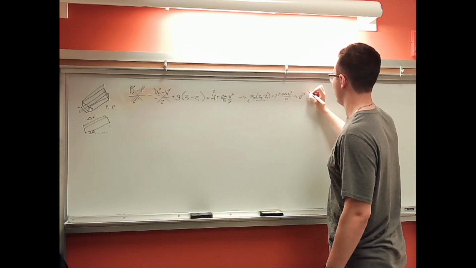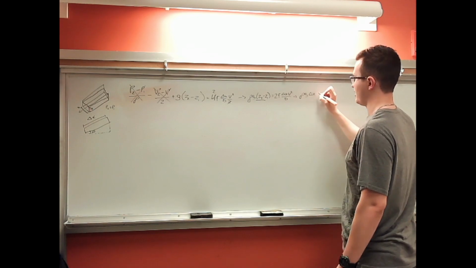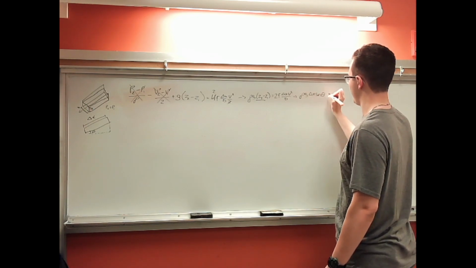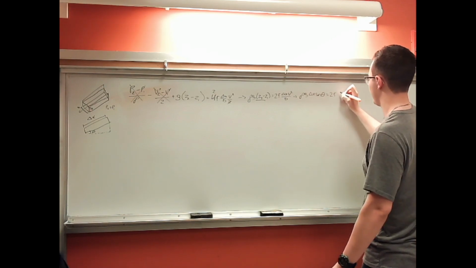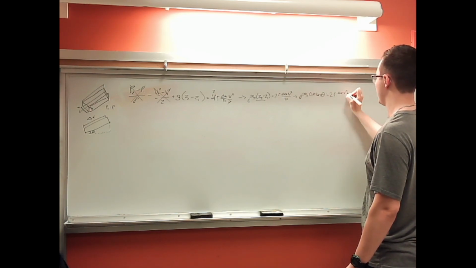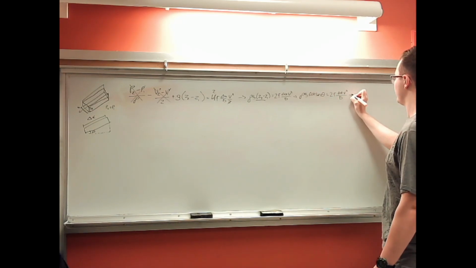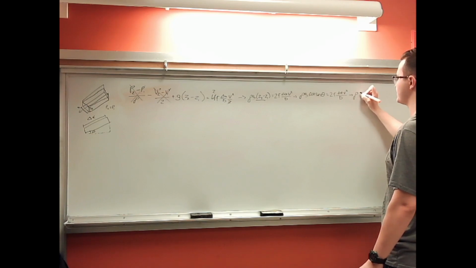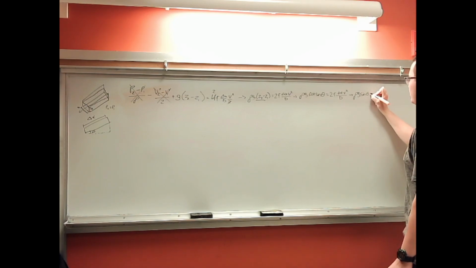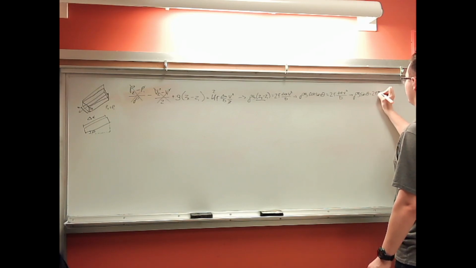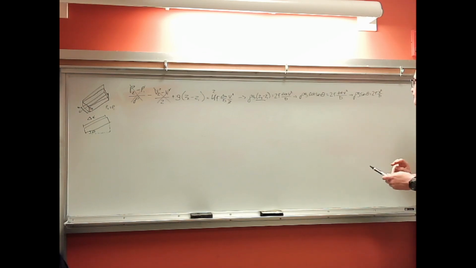So we've got rho, density, times gravitational constant, times the length times sine theta, equals 2 times the Fanning friction factor, length, times velocity squared over diameter. These two lengths cancel, which means we have density times gravitational constant times sine theta is equal to 2 times Fanning friction factor times velocity squared over diameter.